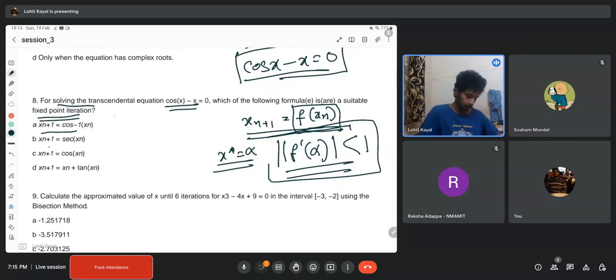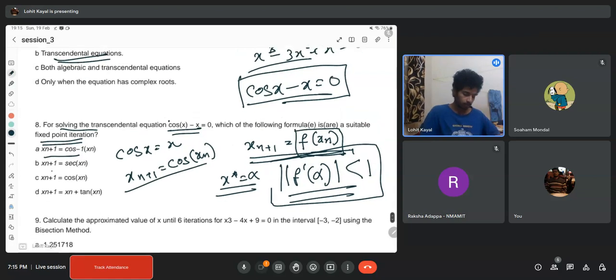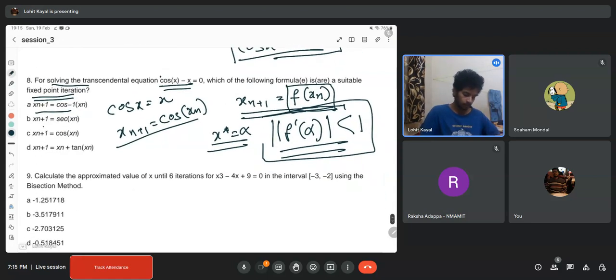So in this question, how can we represent cos x equal to x? This can be represented as x_{n+1} equal to cos of x_n. This can be one kind of representation in the fixed point iteration technique.